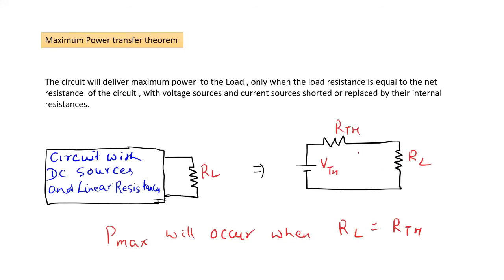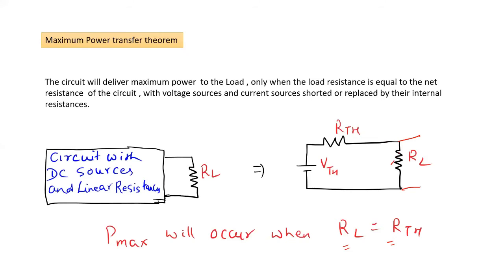According to the maximum power transfer theorem, whenever the load resistance is equal to the Thevenin resistance, at that point of time we will have the maximum power delivered across the load. So whenever this load resistance is equal to the Thevenin resistance, the power is maximum.